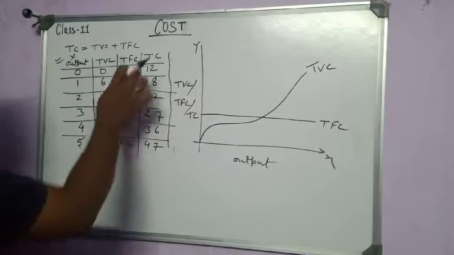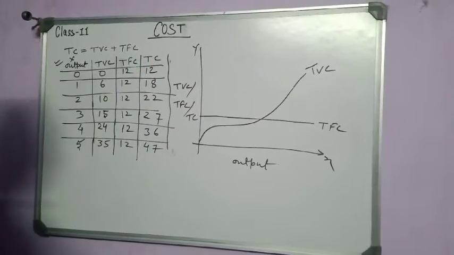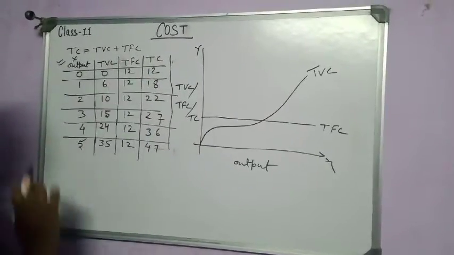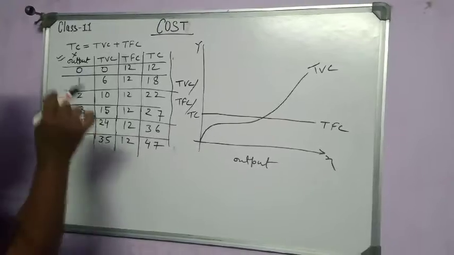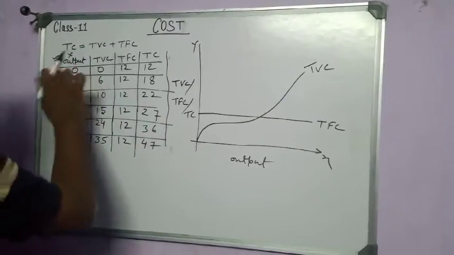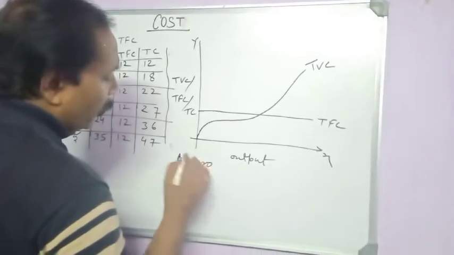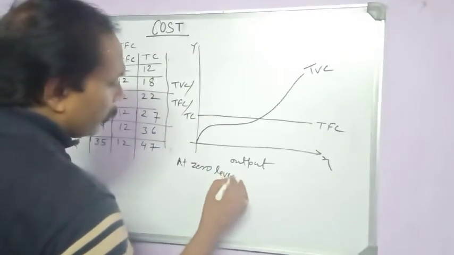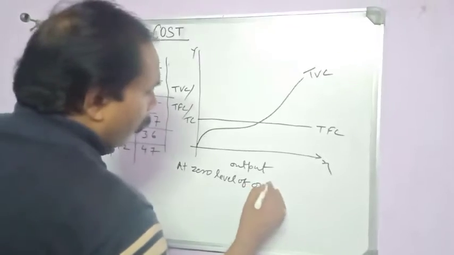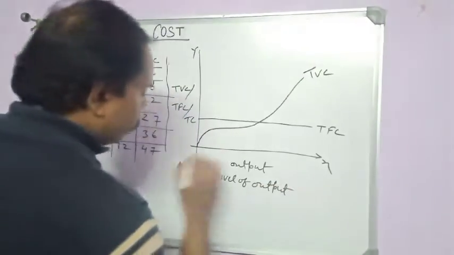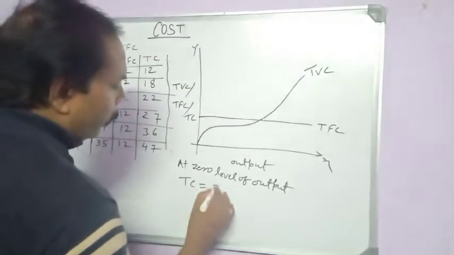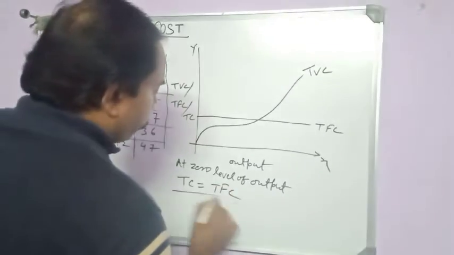Now TC will never be 0 because TFC will never be 0. So at 0 level of output, TC will always equal TFC.